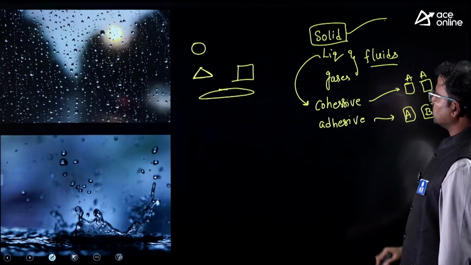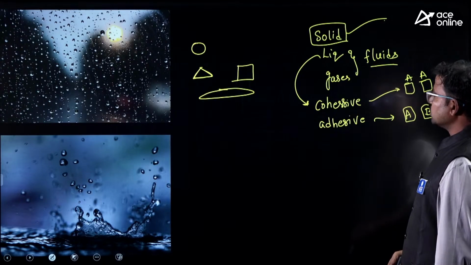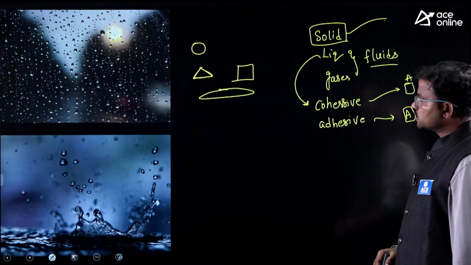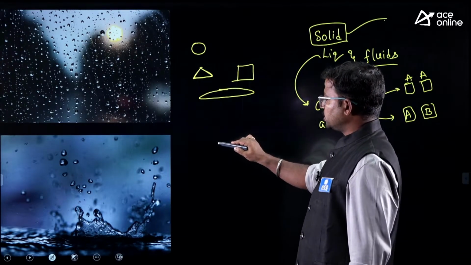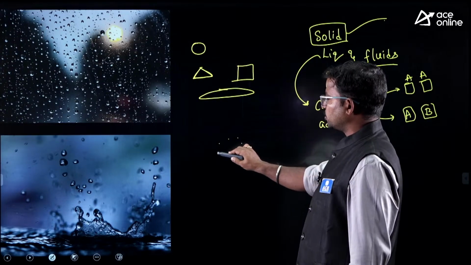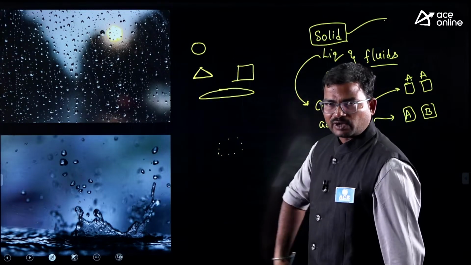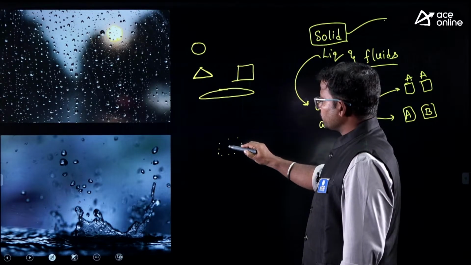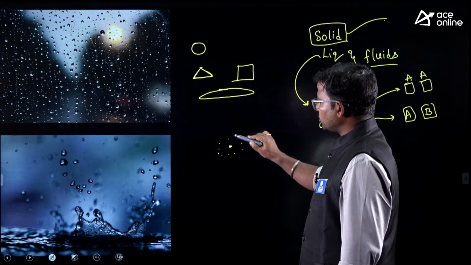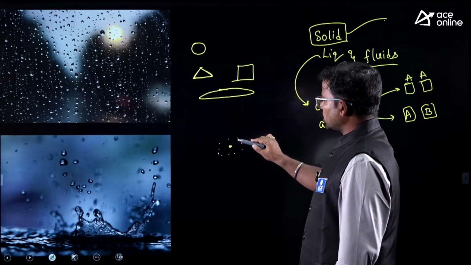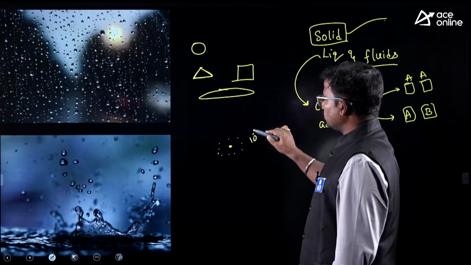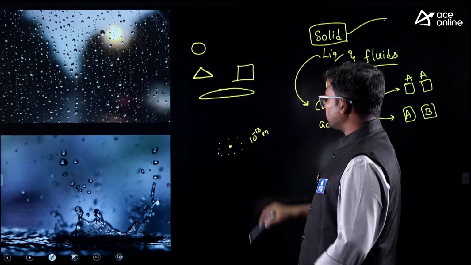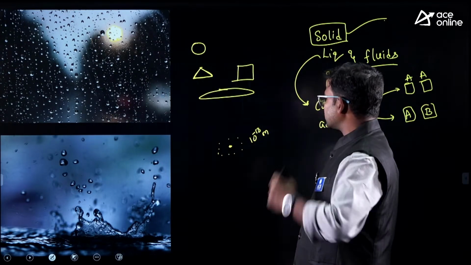Cohesive forces are always stronger than the adhesive forces. If you consider water molecules, or if you pour water on the floor or on a surface, here we have a number of water molecules within around 10 power minus 10 to 10 power minus 13 meters.